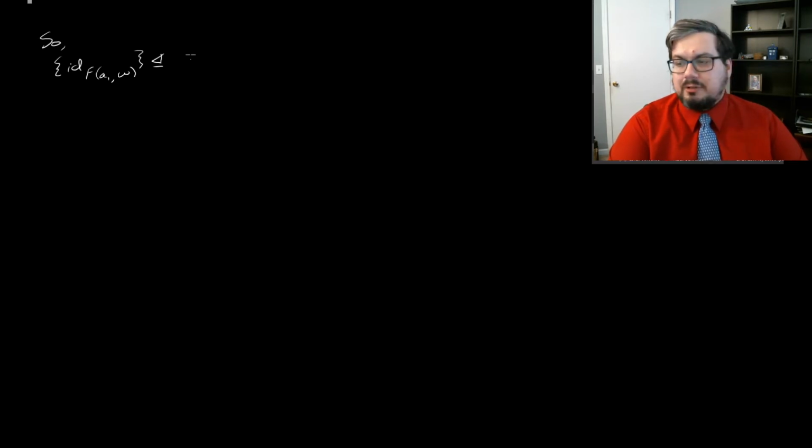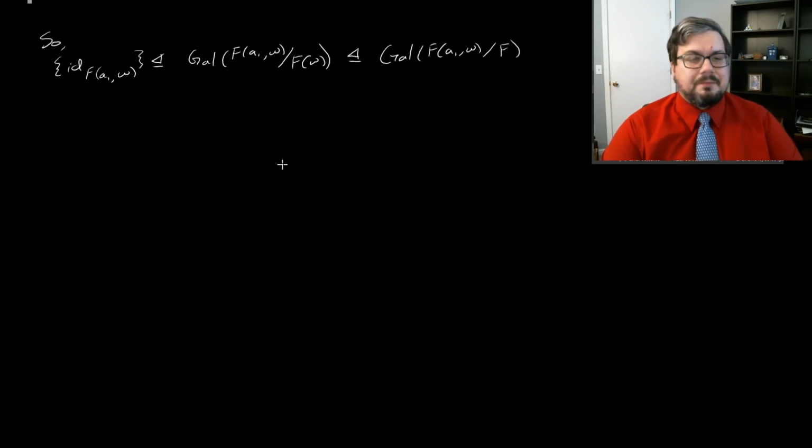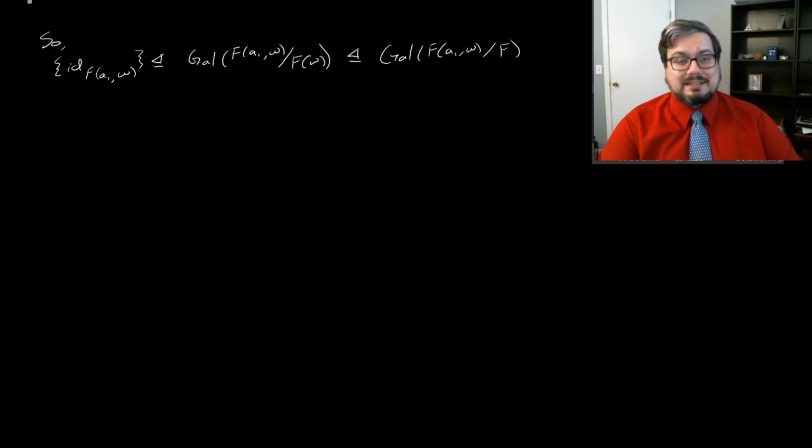So if we look at the identity automorphism on F of a1 omega, this is a normal subgroup of the Galois group of F of a1 omega over F of omega, which is a normal subgroup of the Galois group of F of a1 omega over F. And we know that we have this normal relationship here because F of omega is the splitting field of a polynomial over F, namely x to the k minus 1.